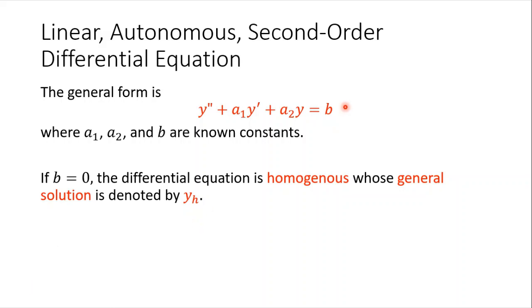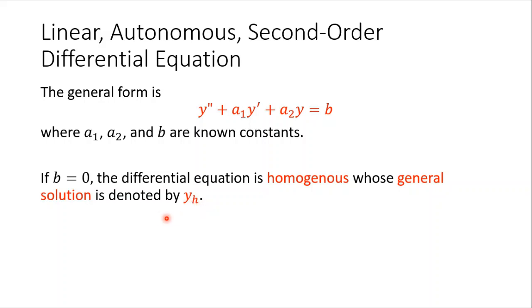So if b is equal to 0, just like the other equations that we have, then the differential equation is called homogeneous. The solution of this homogeneous equation is called the homogeneous solution, denoted by YH.